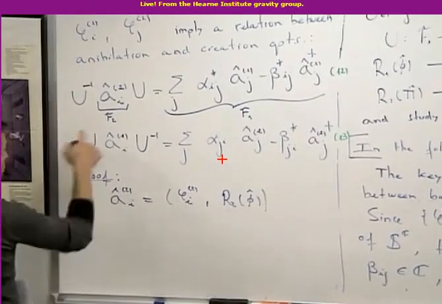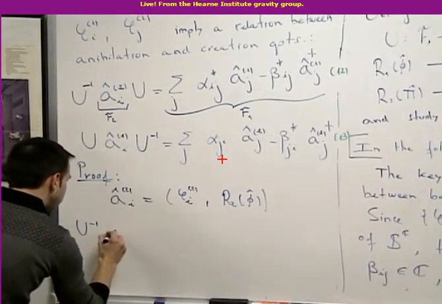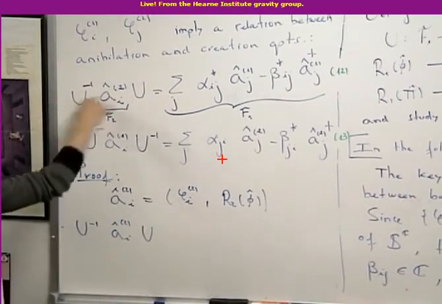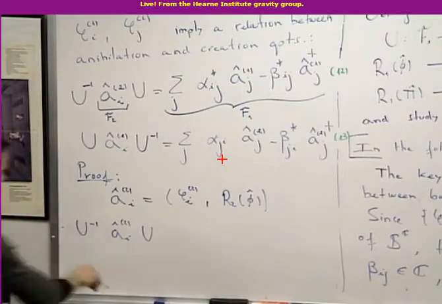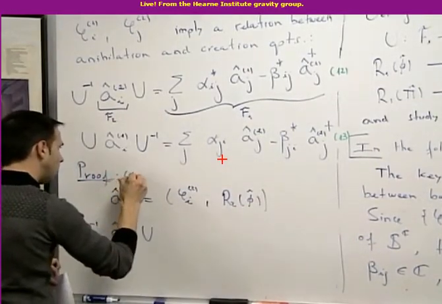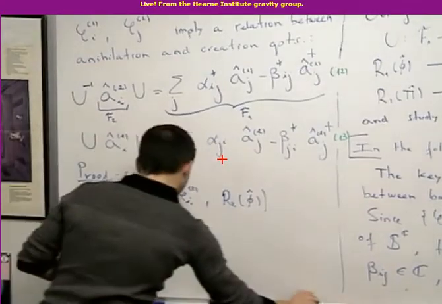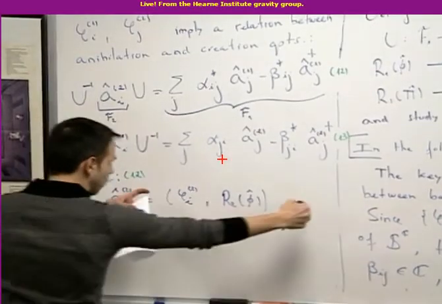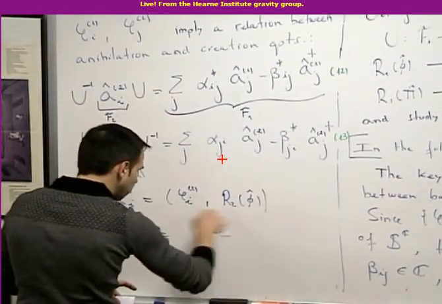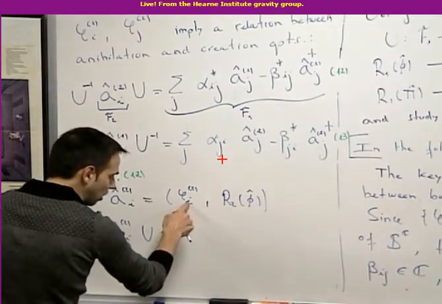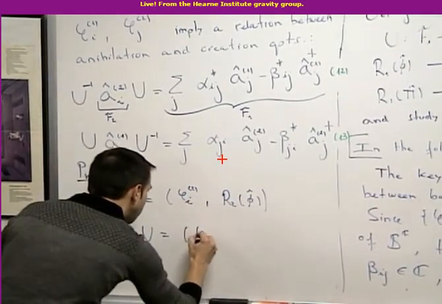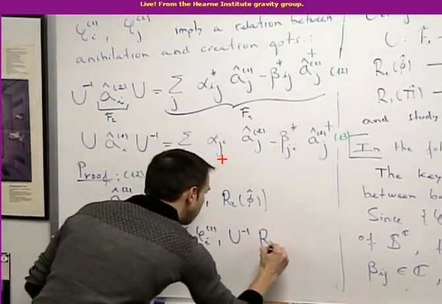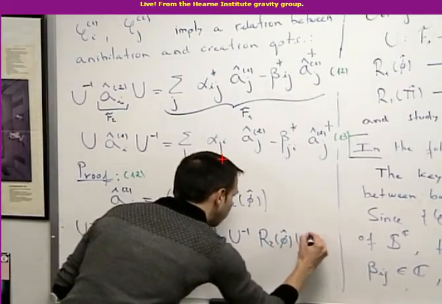Now I want to multiply both sides by U, because this is what I have in the left-hand side of the equation. So I'm going to prove equation 12. Both sides with U minus 1 U, but this guy is a classical function, the only operator is here, so the U minus 1 and U will go directly to hit the operator. The other stuff is transparent to it.